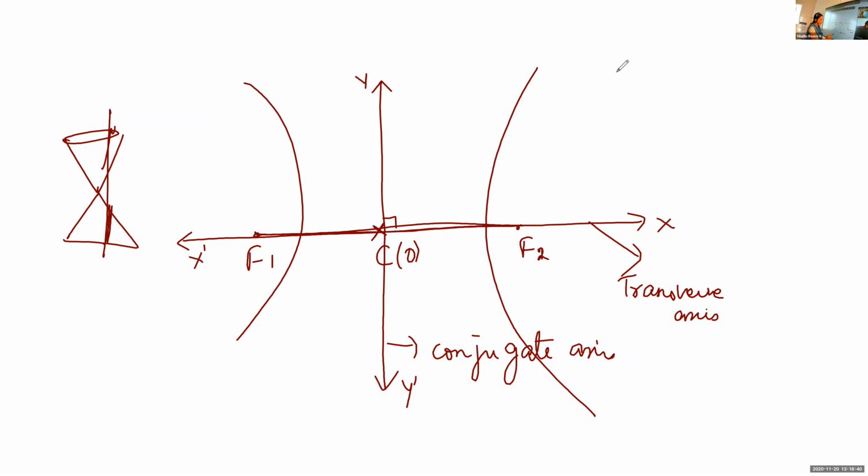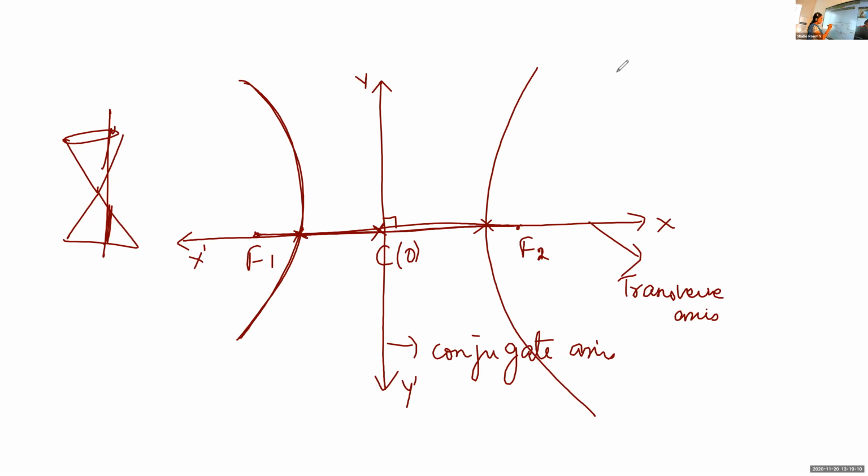Now the next thing we are going to learn is vertices. The points where the hyperbola meets the transverse axis are called the vertices. The points where the hyperbola cuts or intersects the transverse axis we call vertices.